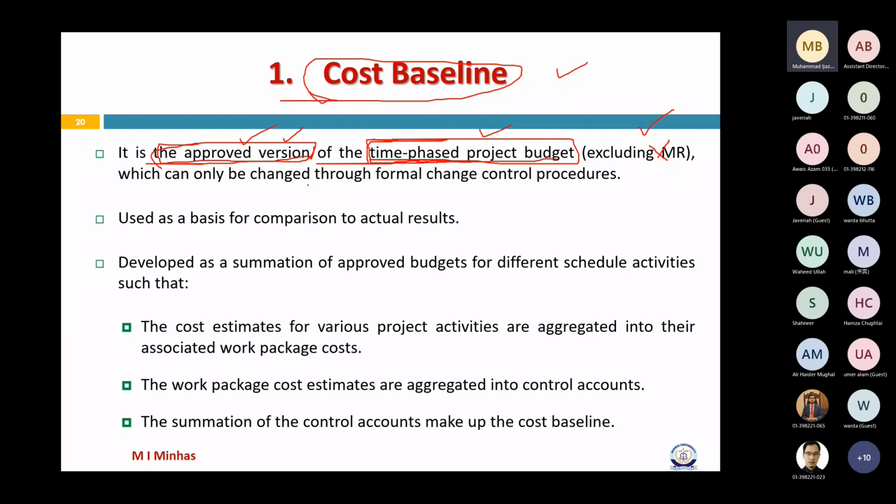Project manager or team members just can't change the cost baseline without formal approval. Now, for formal approval, there's a process of change control management or control procedure in which all change requests are initiated by various stakeholders that we want to make certain changes.